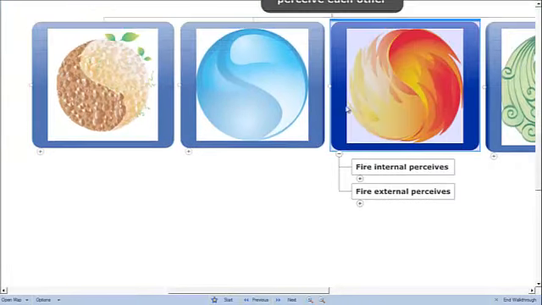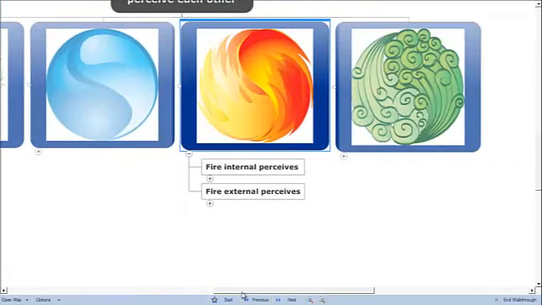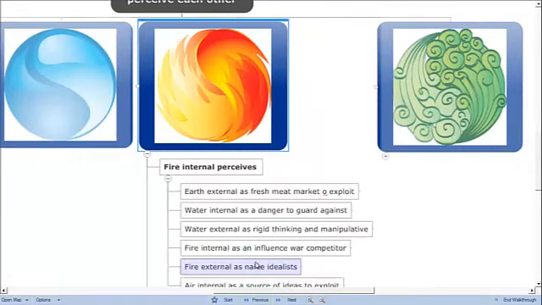Let's go over here to fire. So, fire internal. Again, this is sort of the level of entrepreneurialism. Fire internal perceives earth external as fresh meat to exploit, a fresh market to exploit. It perceives water internal as a danger to guard against.